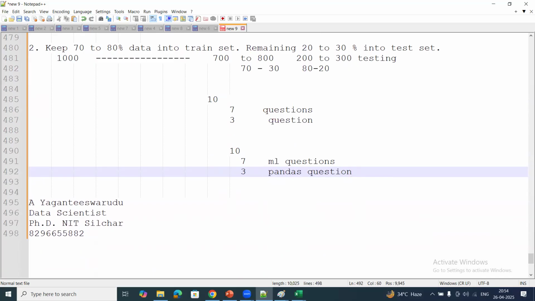If I take the first 70%, that is 7 questions, for training and the next 3 for testing, this approach is also inappropriate because I didn't shuffle the data. If I had trained at least some Pandas questions, asking Pandas questions would be fine. But if I don't train my student on Pandas and I ask questions on Pandas, that is an inappropriate situation.